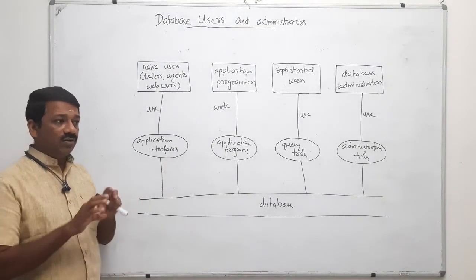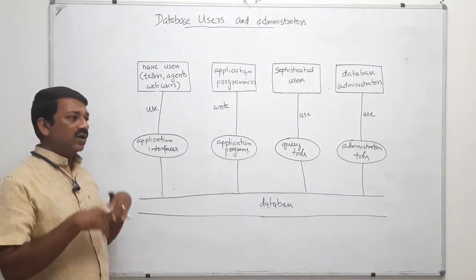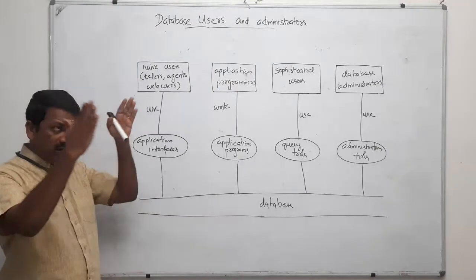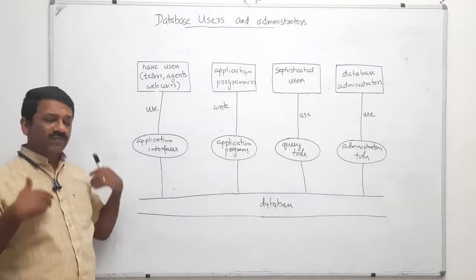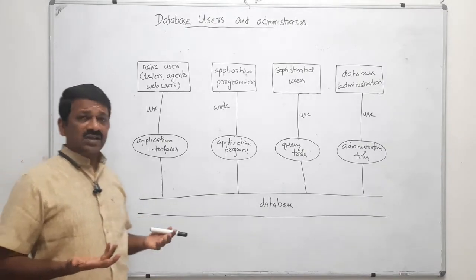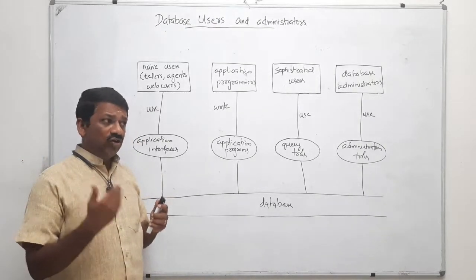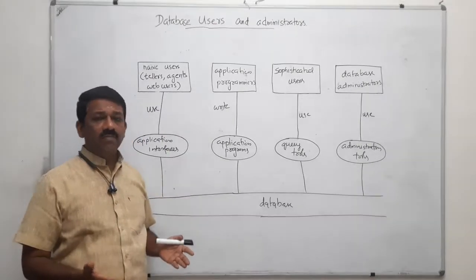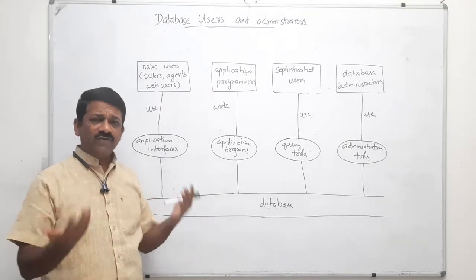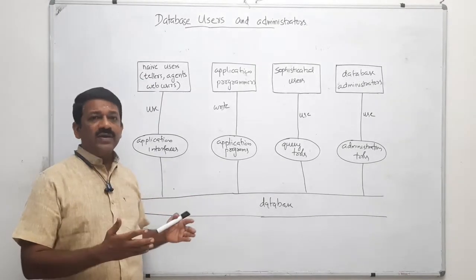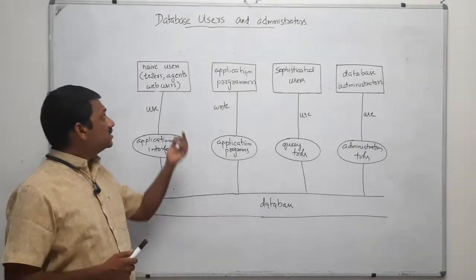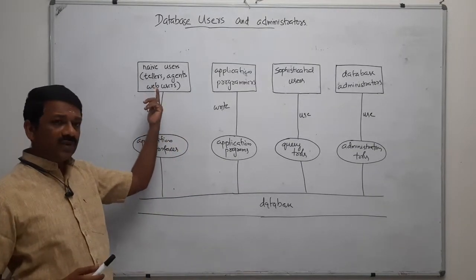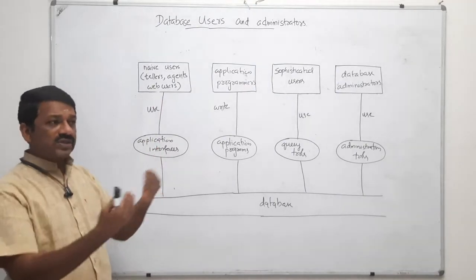That means using your username and password and logging into that system, as a portal you can do a number of tasks, such as registration, enrollment, and seeing the mark list. A number of applications are provided by the system, and these naive users only use those.